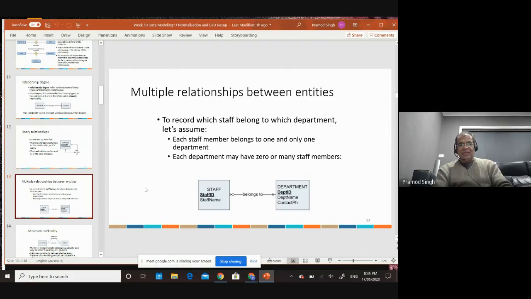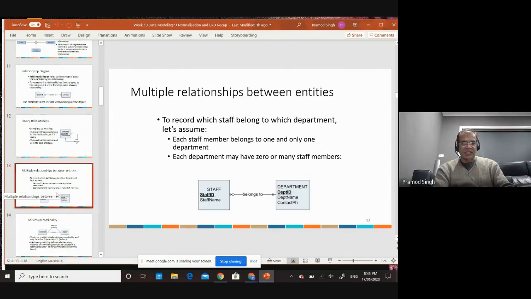In this case, how one record of staff is associated with the department, and how many staff one department has. That relationship is called a multiple relationship between the entities. Each staff member belongs to one and only one department, and each department has either zero staff or more than one, many. That is called a multiple relationship among the entities.